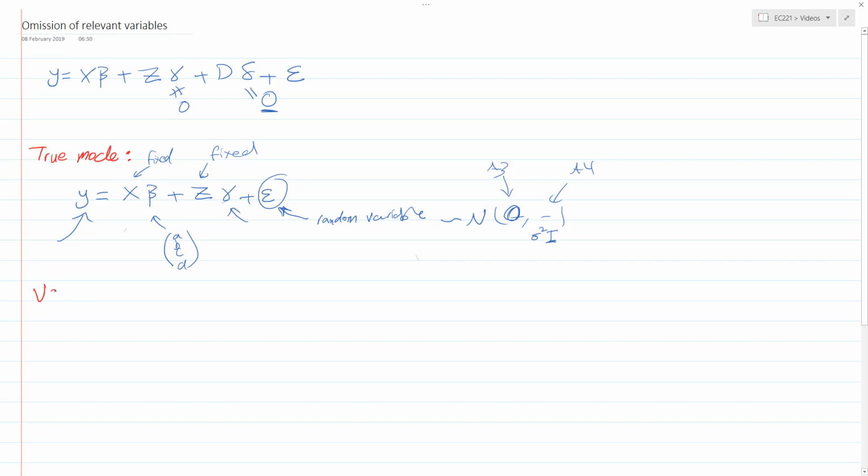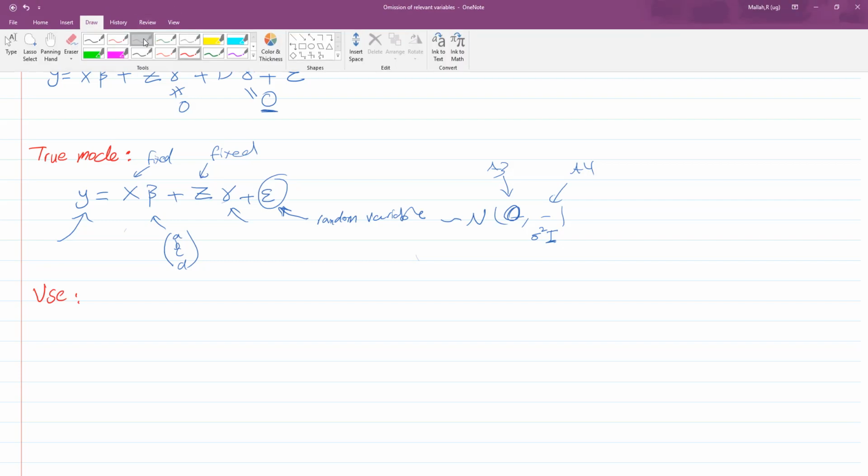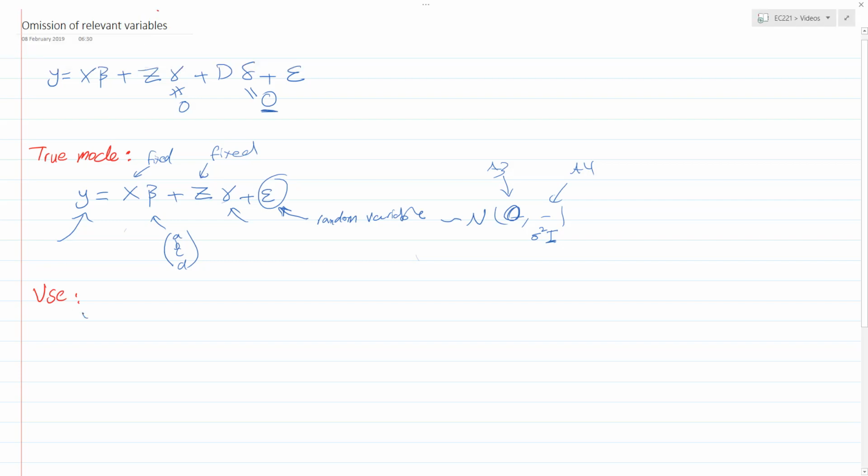Let's use this regression: Y equals x beta plus, well, here the error term is going to take other values, and we're just going to call it v because we've dropped z.